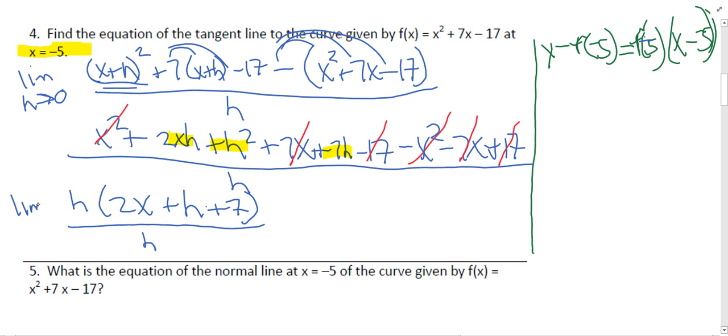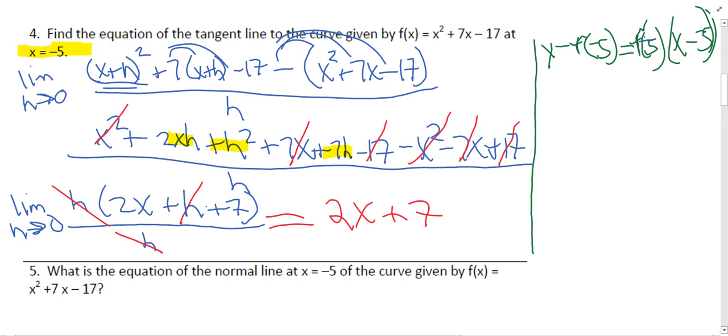And now, as a limit, as h approaches 0, we're able to cancel out the term h in the bottom, which is very, very helpful. And now when we plug in 0 for h, we get 2x plus 0 plus 7. So this is our derivative at any point along our curve x squared plus 7x minus 17.